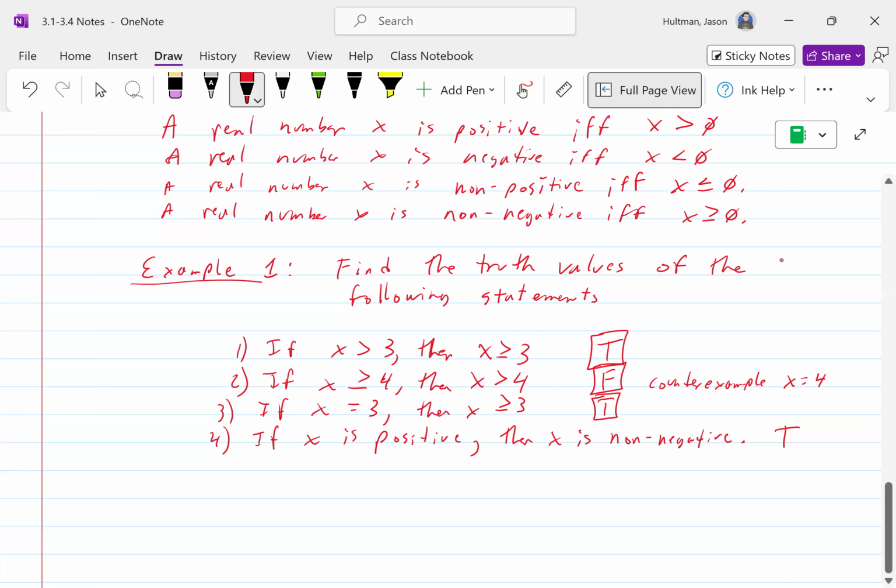That is true. What we're saying here is that x greater than 0 implies x is greater than or equal to 0. That is a true statement. If you have a strict inequality, then you get the compound inequality of x is greater than 0 or x is equal to 0. We get that one for free.